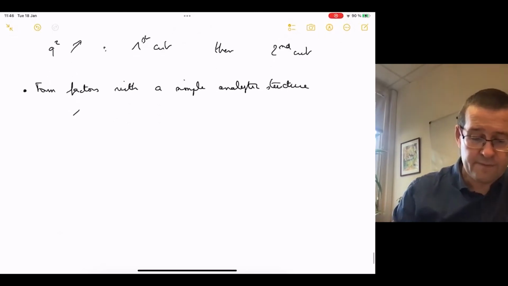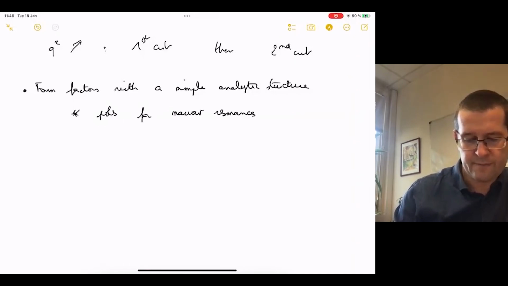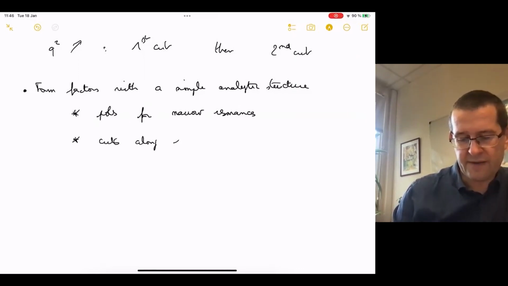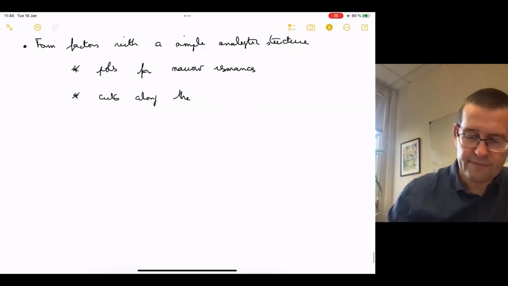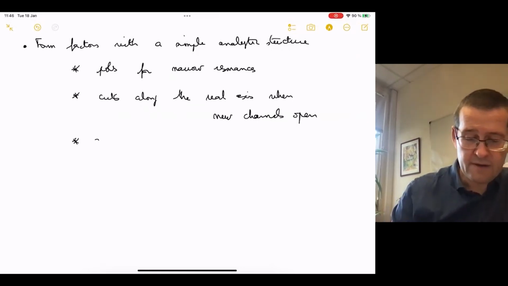So you have poles for narrow resonances, cuts along the real axis when new channels open, but then analytic everywhere else.